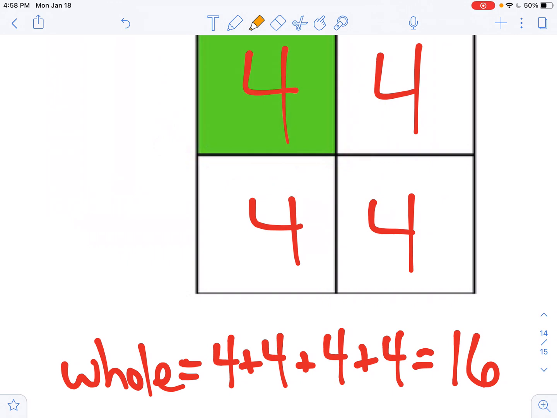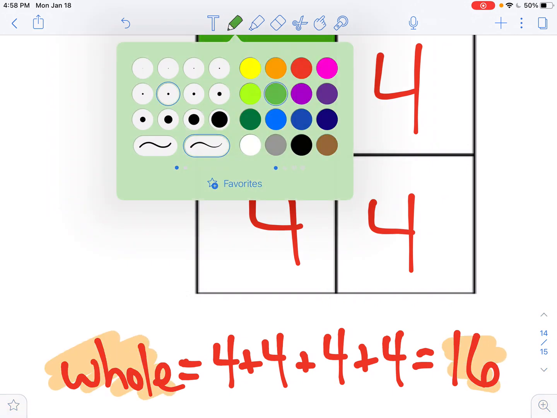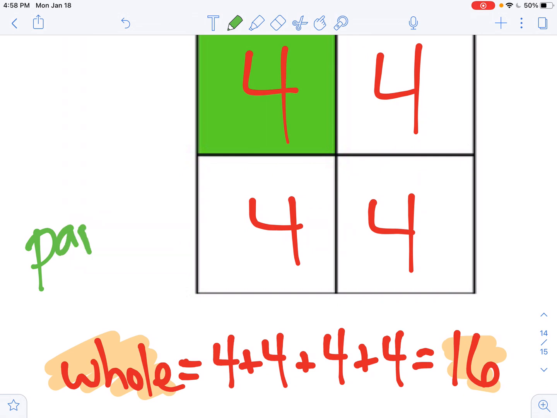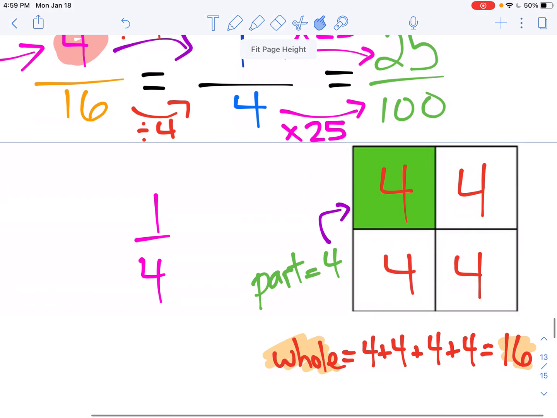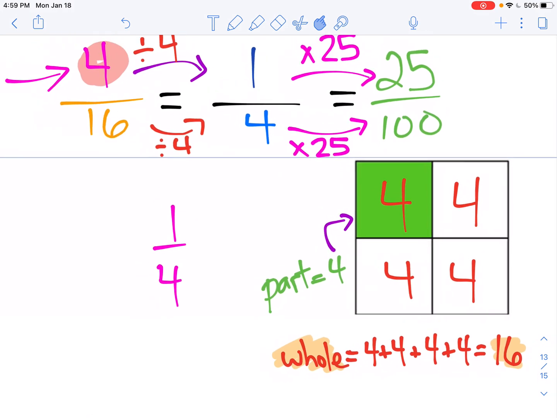So the whole is 16. The part that's colored in is 4. That was right here. And we know that it's 25% because there are 4 25s in 100.